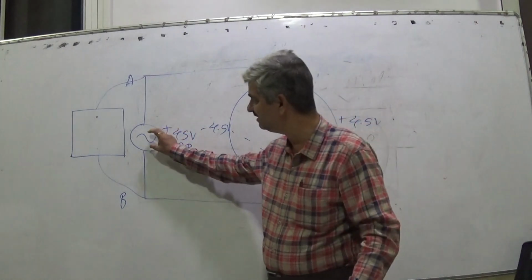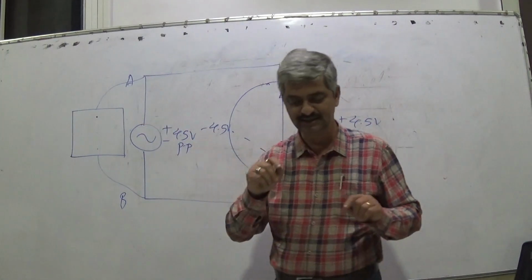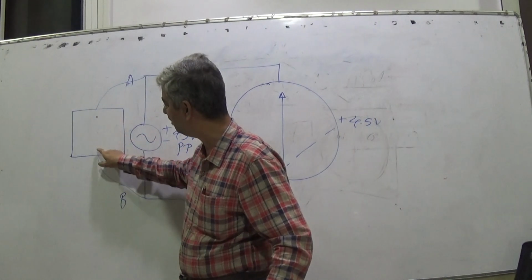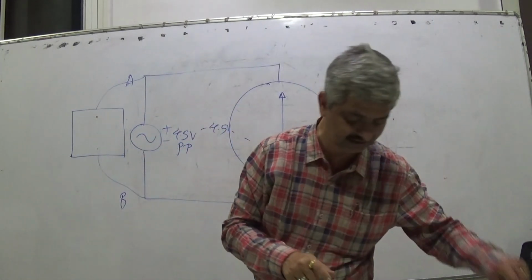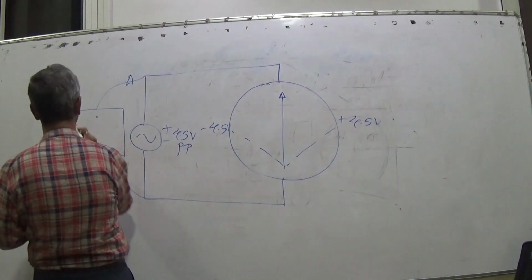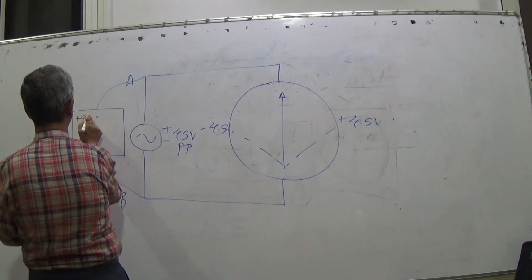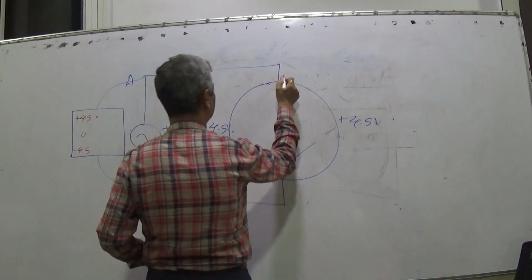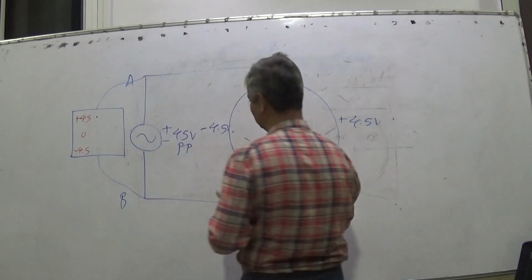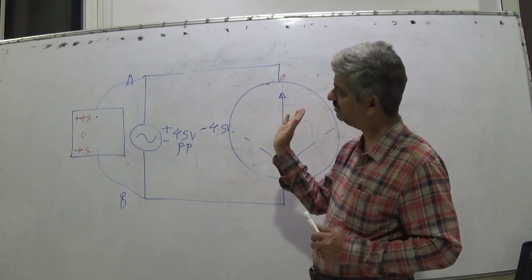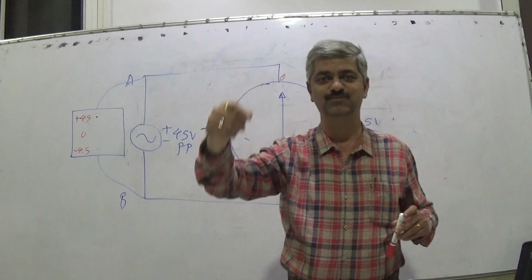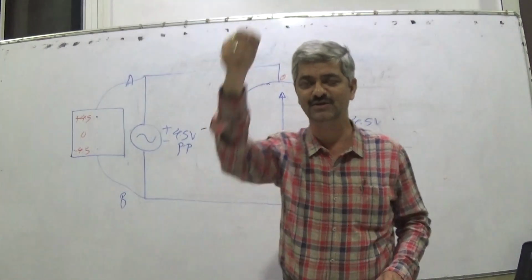When the frequency is 1 Hertz, then the point will move slowly up, slowly down. Again there is a scale. This is plus 4.5. This is minus 4.5. This is 0. So what you will see on the screen of CRO, the point is moving from plus 4.5 to minus 4.5.